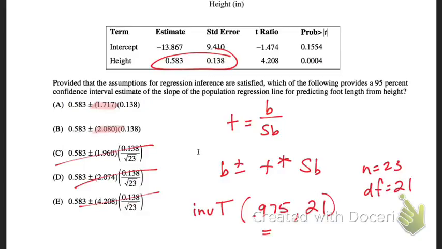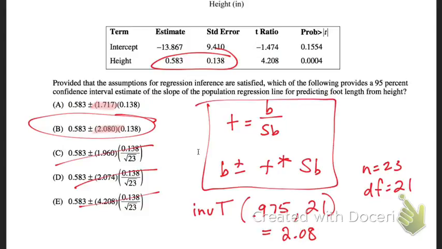And then you get 2.08. But yes, these two formulas do need to be memorized.